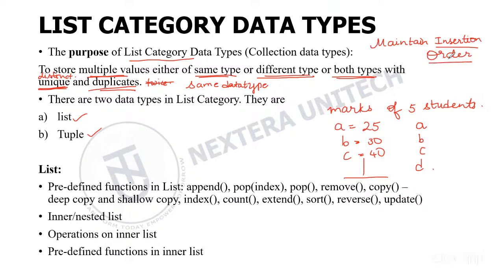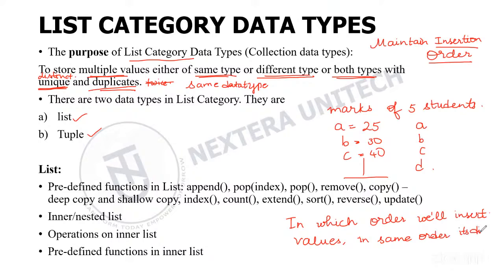As we learned yesterday, insertion order means that in whichever order we insert the values, in the same order they will be displayed. So list and tuple values will follow the insertion order, and in whichever order we insert the values, in the same order it will be displayed in our output also.